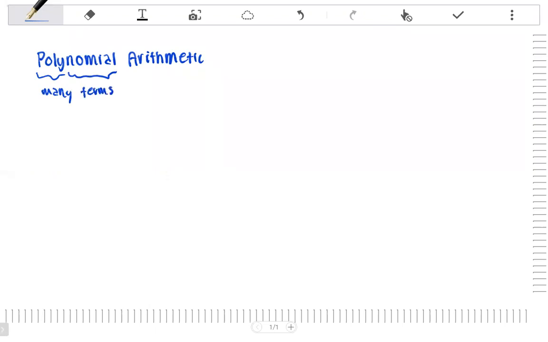So arithmetic is addition, subtraction, multiplication, division. We all know what that is. So polynomial arithmetic is like the basis of algebra 2, okay? So we're gonna cover the foundations of algebra 2 and then do more complicated stuff.